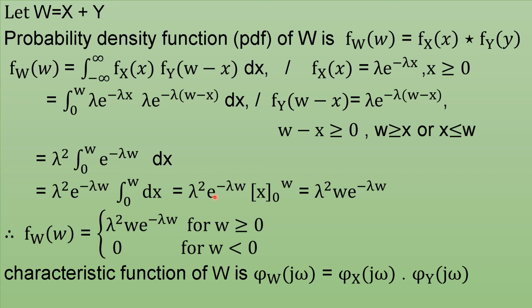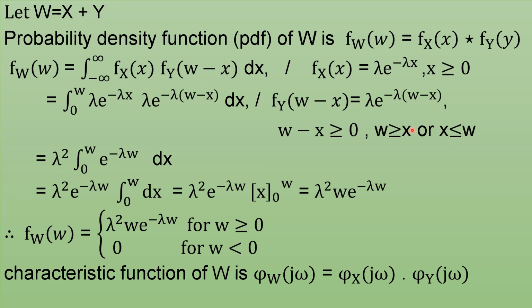Lambda square into e power minus lambda y into w, lambda square w into e power minus lambda y. This is for x greater than or equal to 0, x less than or equal to w.